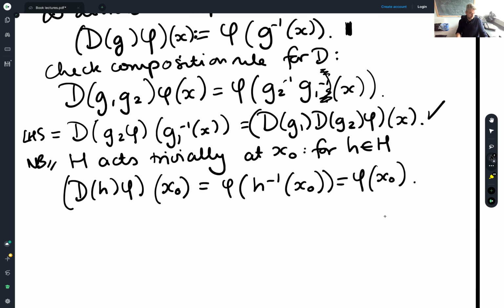All right, that's fine. So that's for a space of scalar functions. Let's generalize to a space of vector functions.